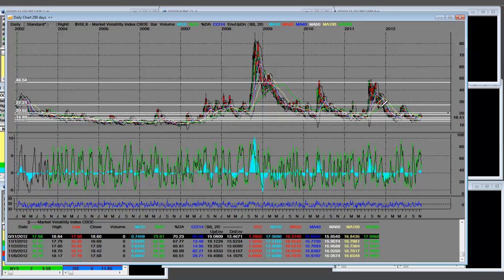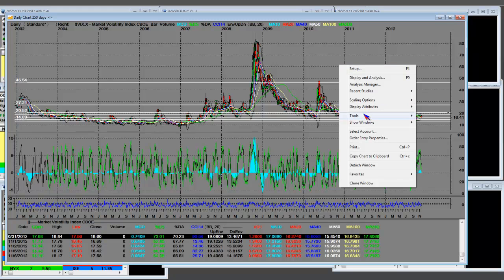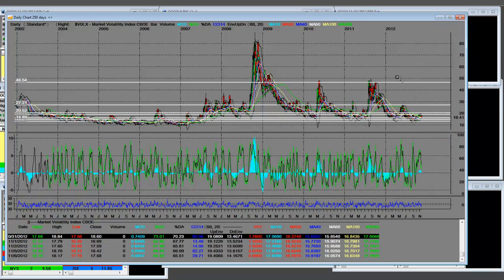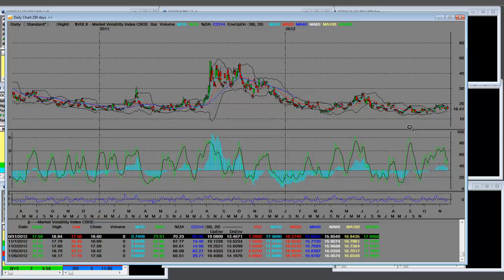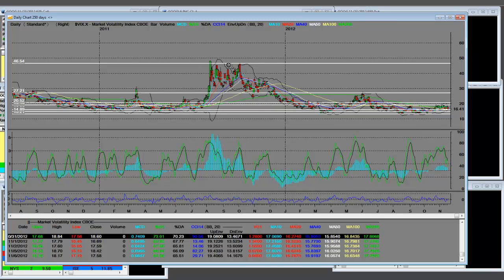A lot of people haven't really paid attention to it. In 2011, we were almost at 50, and that's when the markets put their bottoms in one year ago. The 2011 highs is when we put in the bottoms in December of 2011.